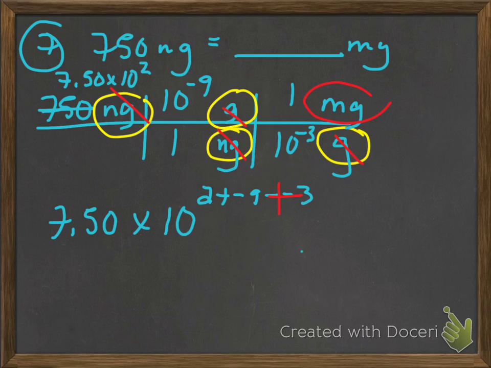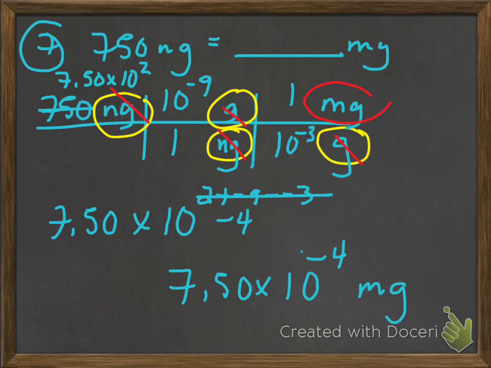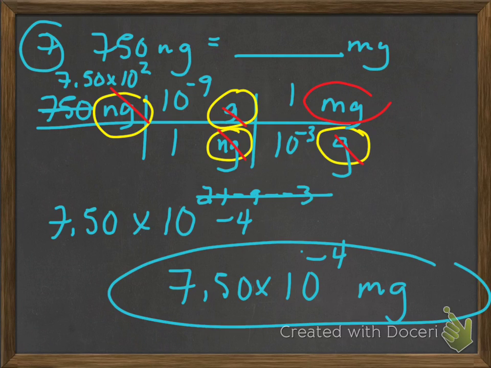If that's your mnemonic, do it. I don't. I look at negative minus a negative and I go, okay, positive. So 2 plus -9, that's -7, plus a 3, we're at to the -4th. So our final answer is 7.50 times 10 to the -4th. Our units are milligrams.